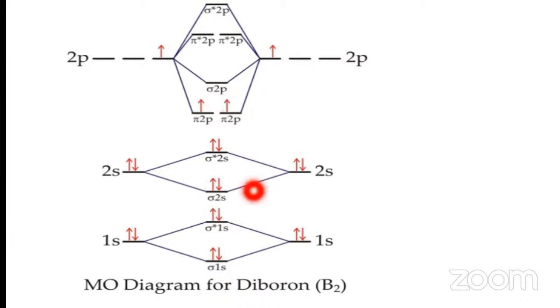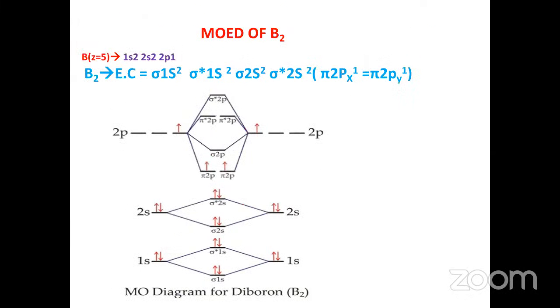Total 6 bonding electrons. So 6 minus the anti-bonding electrons, here 2 electrons and here also 2 electrons. Then 6 minus 4 by 2 is equal to 1. So the bond order of B2 molecule is 1.